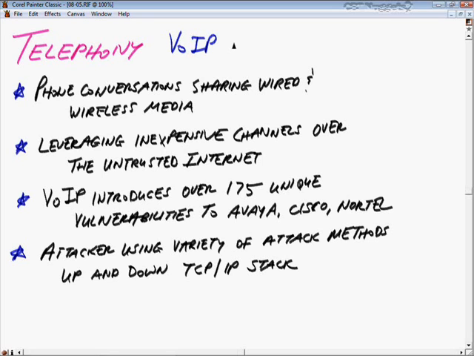As a matter of fact, I'm doing this right now in the end of 2008, and we've already isolated over 175 unique vulnerabilities from over 50 different groups of vulnerabilities and attacks on voice over IP, and it doesn't matter who the vendor is, whether it's Avaya or Cisco or Nortel, the attacks are there.